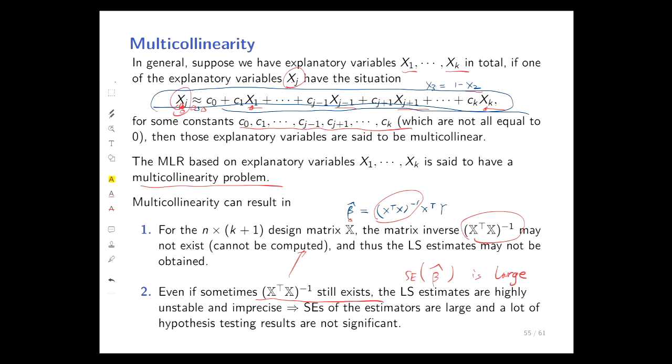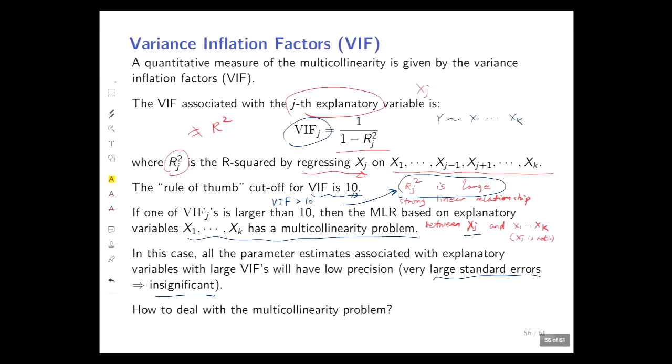In order to identify this problem, we propose a statistical measure called VIF. The definition of VIF is 1 divided by 1 minus Rj square.